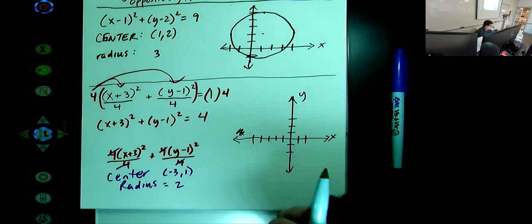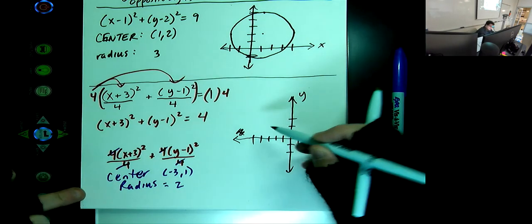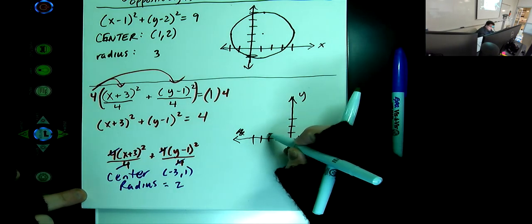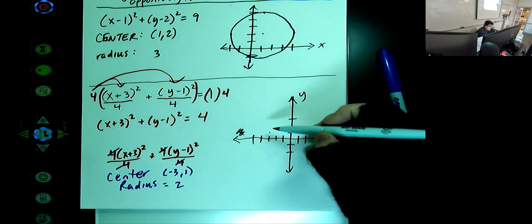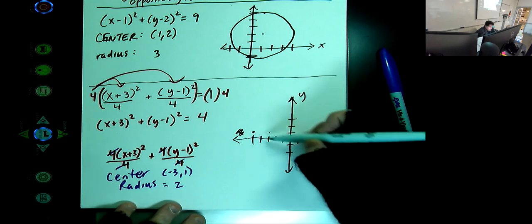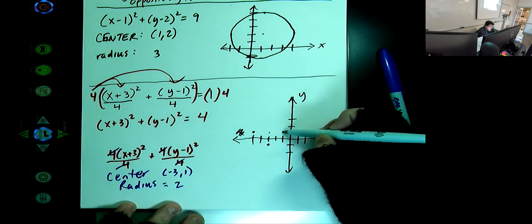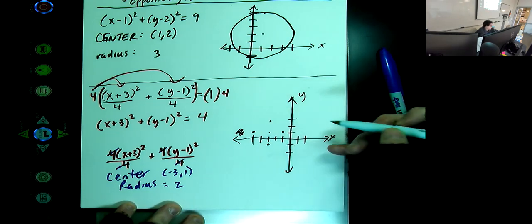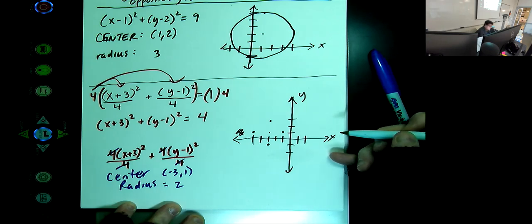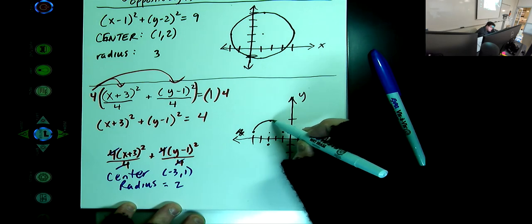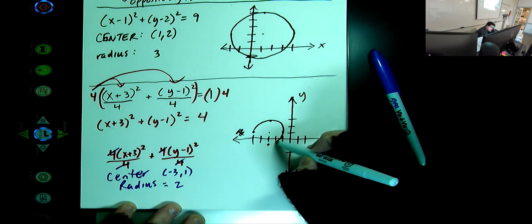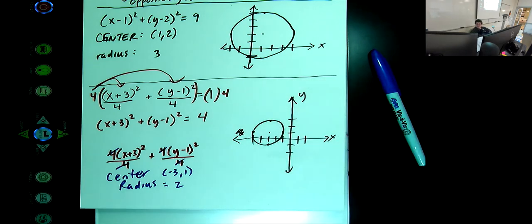So -3, 1 is left 3 and up 1. And from there, I'm going to go 2 in every direction. God, that isn't a good circle. Looks skewed.